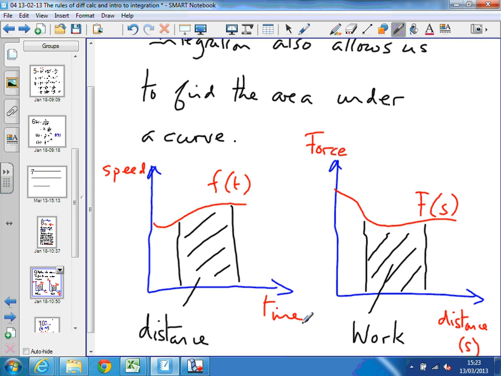And similarly, the area under a force against distance curve, so this one here, force times distance, you might know, is work. I don't know whether you're familiar with that formula. So if I find the area under a force distance curve, I'm actually finding the work done or the energy used. Very useful, particularly when you're stretching materials and bending materials and stuff like that. How do I find out how much energy is being used to do that? I integrate the function. So it's a useful operation to be able to use.